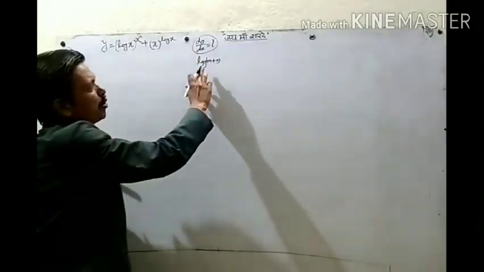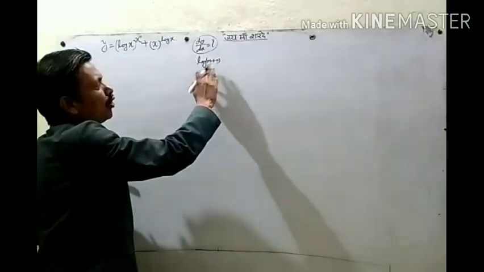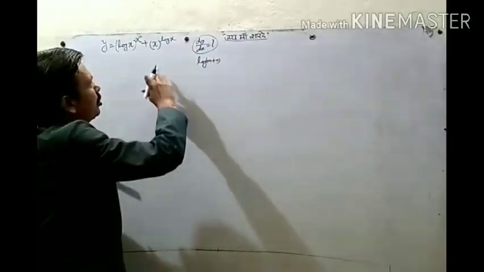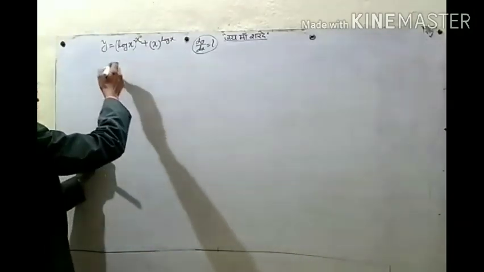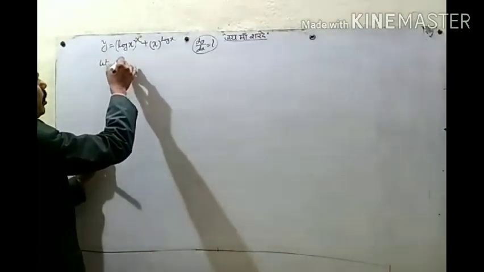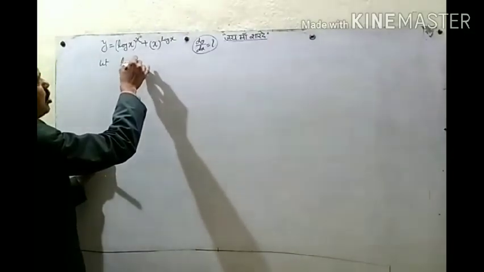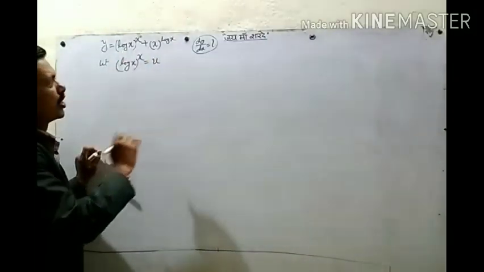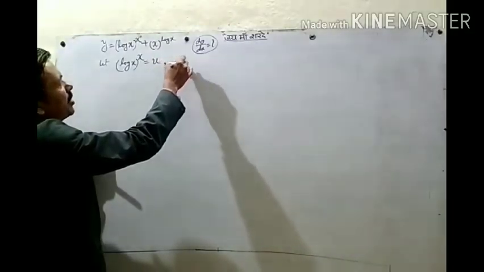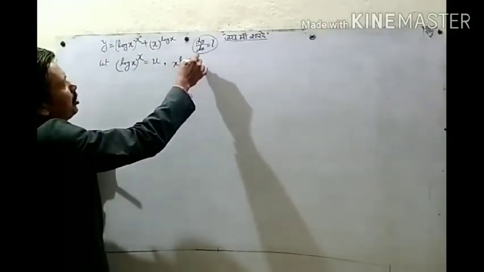We don't have any property for this. Log of m plus n will remain log of m plus n only. So there will be a problem to differentiate. So in this case, we'll assume, suppose log x to the power x is u, and x to the power log x is v.